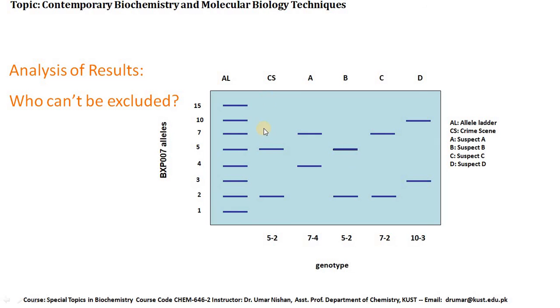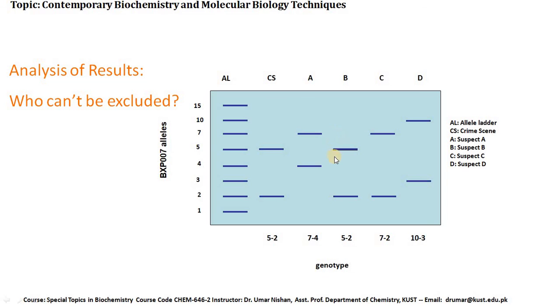When we compare, we can see that the bands of suspect A don't match with the one from the crime scene. The bands of suspect B are matching with the one from the crime scene. Suspect C is not matching, suspect D is not matching.